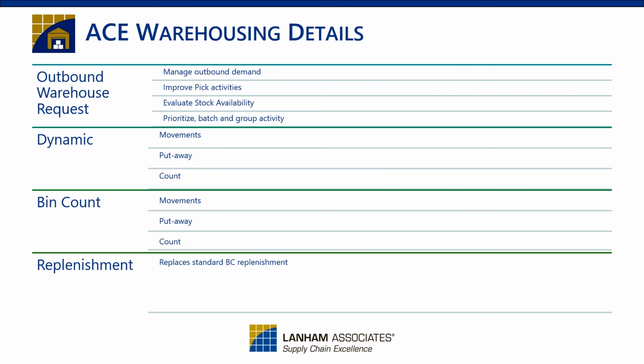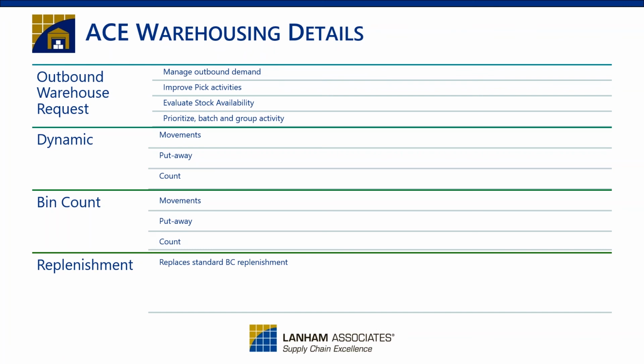Yes, does it make sense on a routine basis to replenish all your pick bins when they're below their minimum? Of course, but mostly you want to do it for actual inventory, and so our replenishment kind of replaces the standard NAV replenishment. So that's ACE Warehousing.